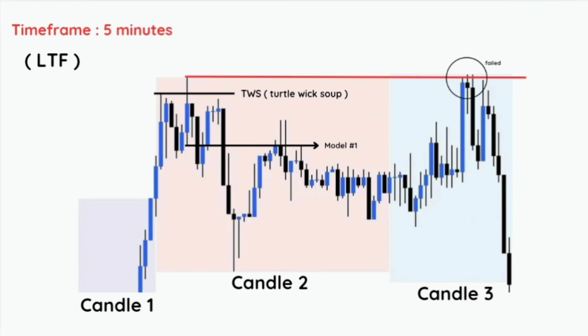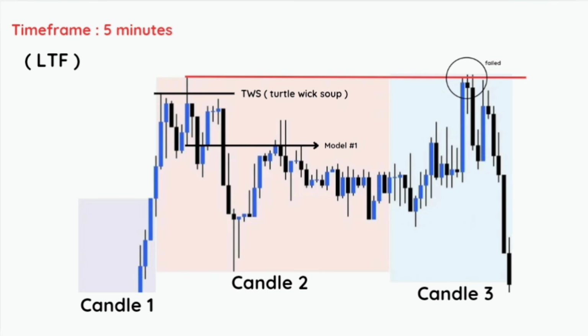Here you can see clearly I have marked the candle 1, 2 and 3. On the second candle, after manipulating our first candle, which means the CRT candle, we had a TWS, which means turtle wick soup, with our model 1 entry confirmation.